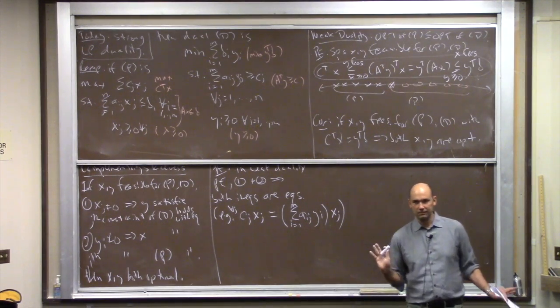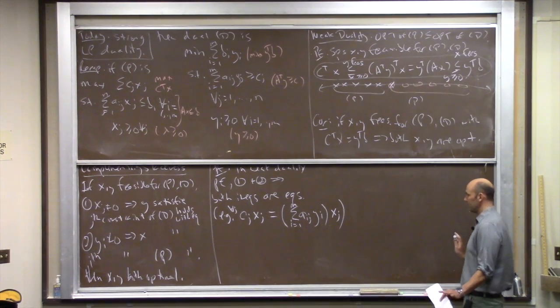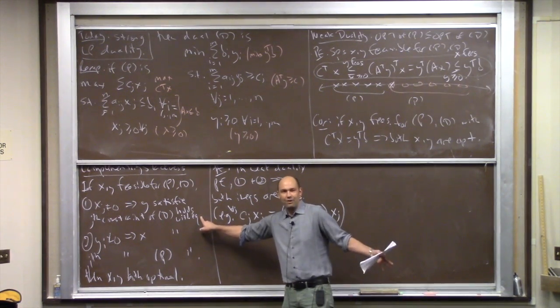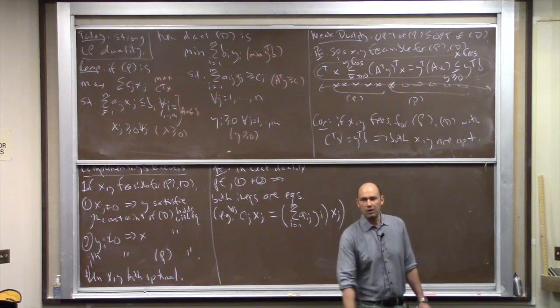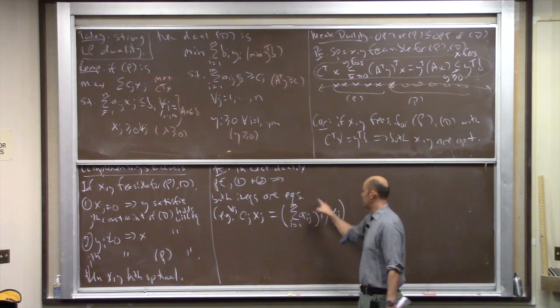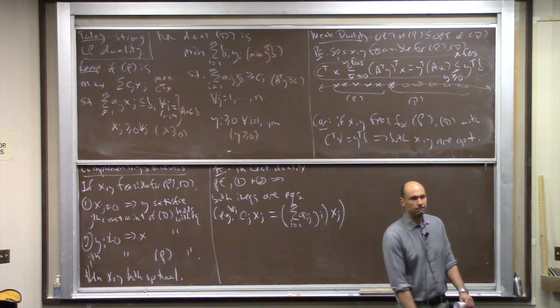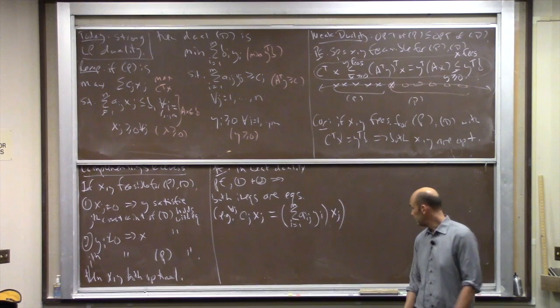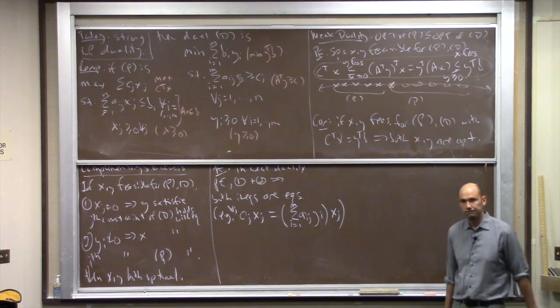No problem. Case 2, xj is not 0. Well, then the condition tells us that the corresponding dual constraint holds with equality, i.e., this number actually equals this number. Okay? So either xj is 0 and you're done, or the thing is tight and you're also done. All right?